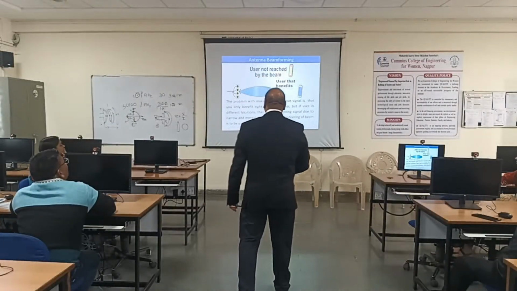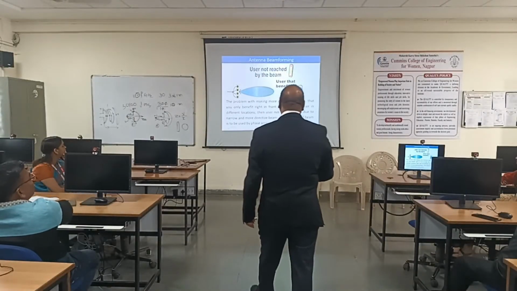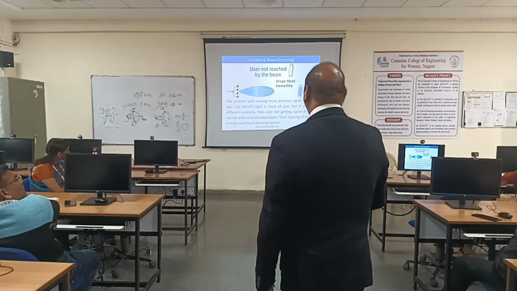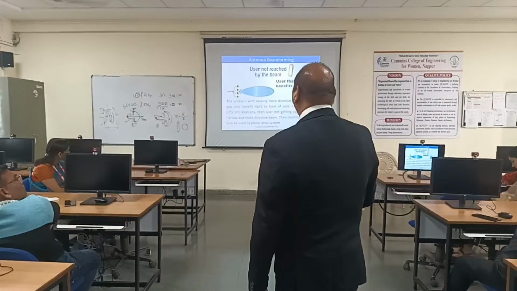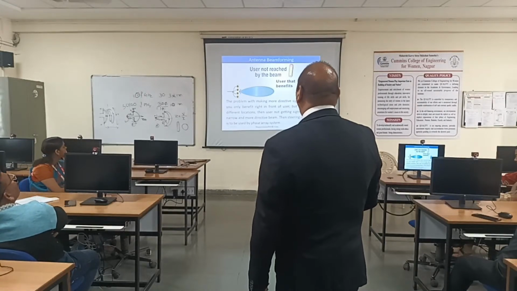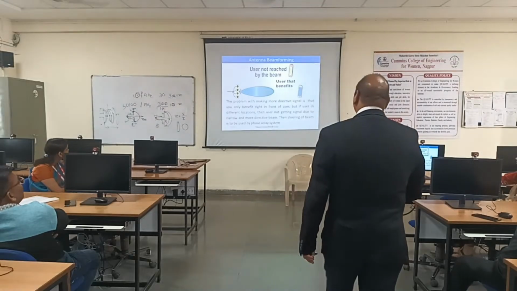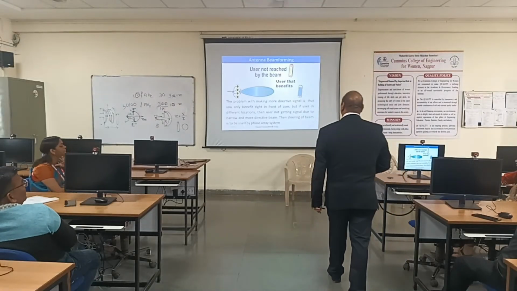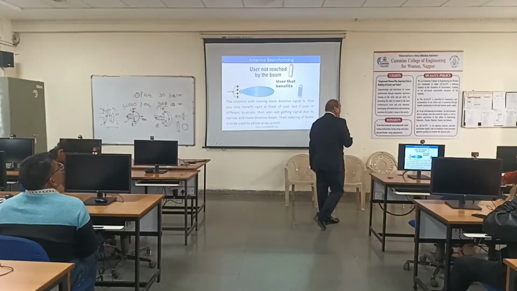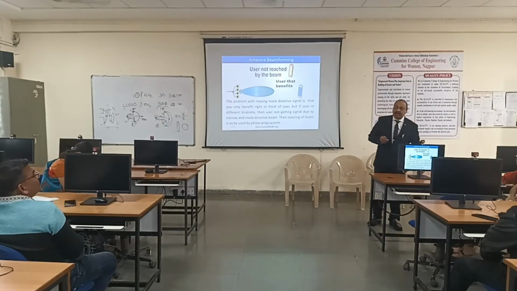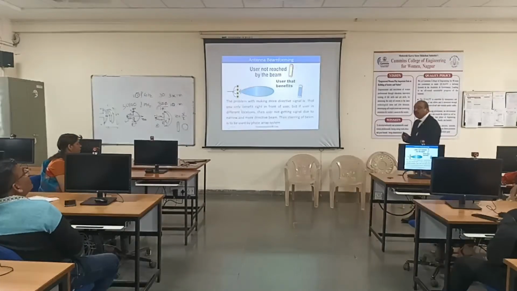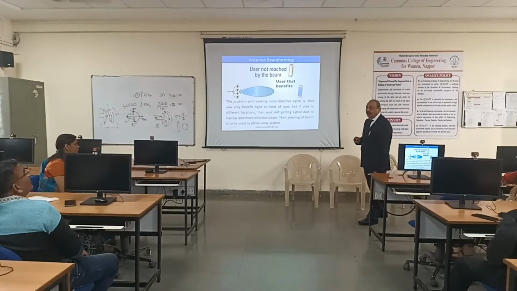So the problem with making the signal more directive is you only benefit the user right in front, but if users are at different locations, then the user is not getting the signal due to the narrow and more directive beam. Steering the beam is also used, as in a phased array system. So one user will get the signal, another user will not get the signal. That is the drawback of beam forming in a particular direction.